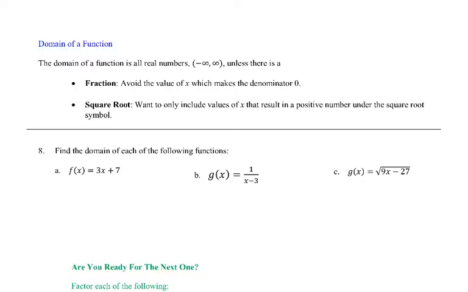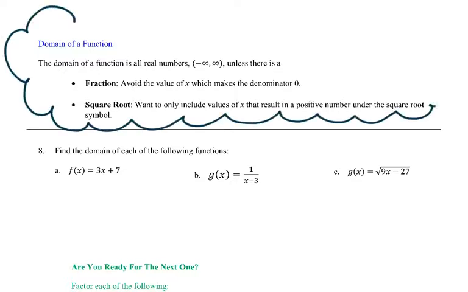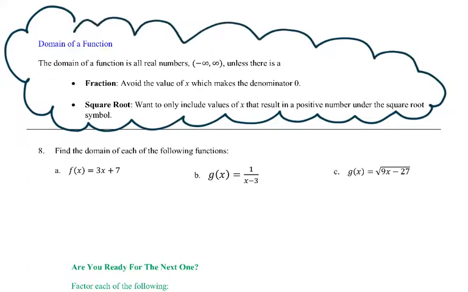So just a little side note. When we think about functions, just a reminder that the domain is our input values, or x values, that go into the function and get evaluated. The domain of a function is all real numbers, so from negative infinity to infinity, unless there is a fraction or a square root.